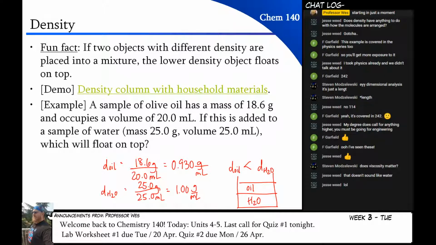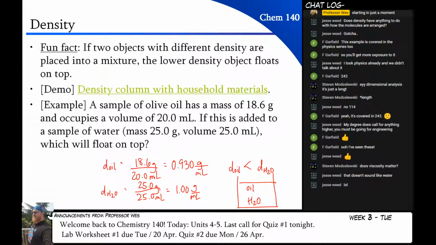So we can make a 2-component density column using oil and water, and this is how they would sort. Now, it doesn't really matter where this line ends up. For example, I could use as much of the oil as I wanted to, and I could have this huge layer of oil and it still floats to the top. But the opposite is also true.